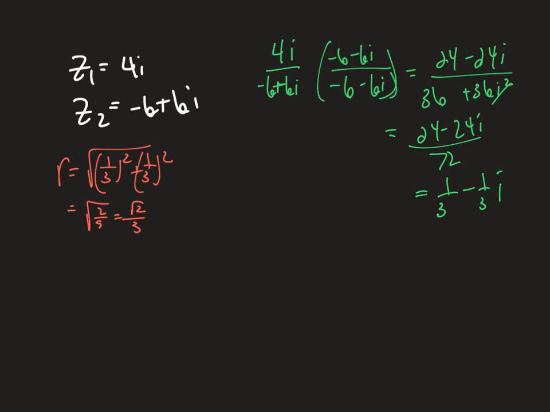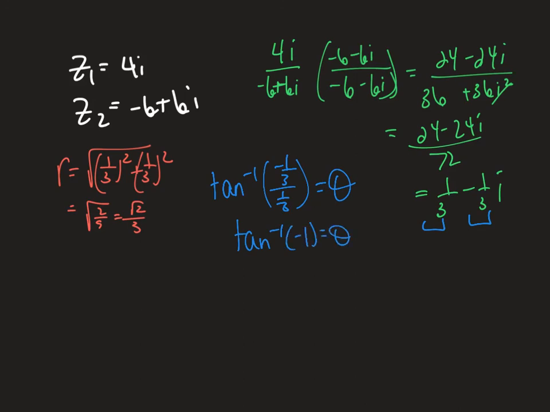And then for the tangent, you're going to have the inverse tangent of, and then again, you just do b over a. So negative 1/3 divided by 1/3. Well, that's just -1, so that's theta. So it's inverse tangent of -1 equals my theta.